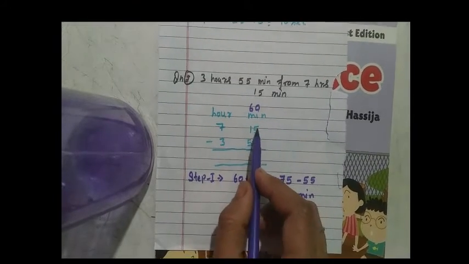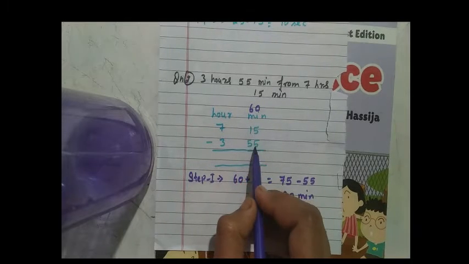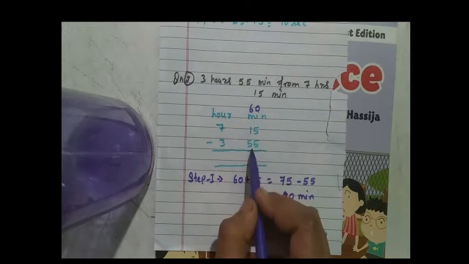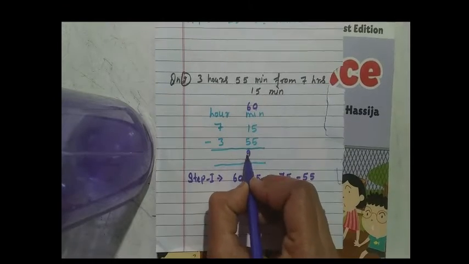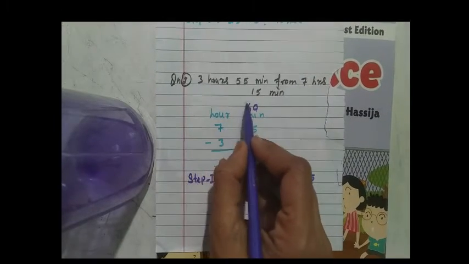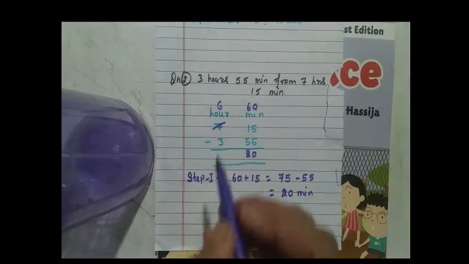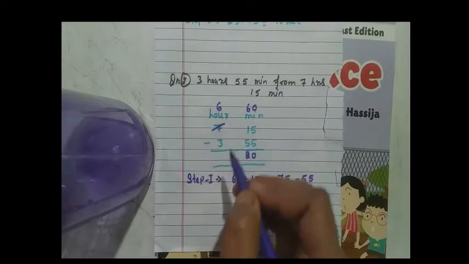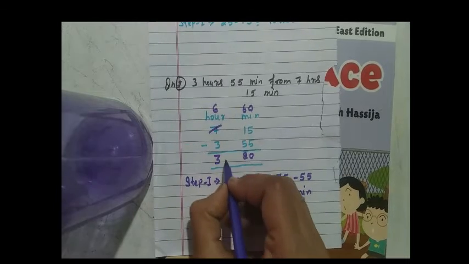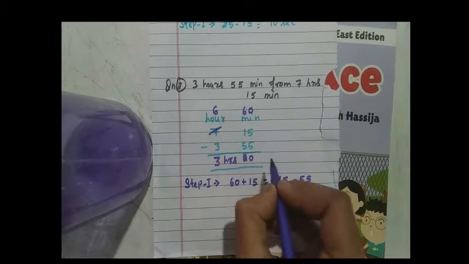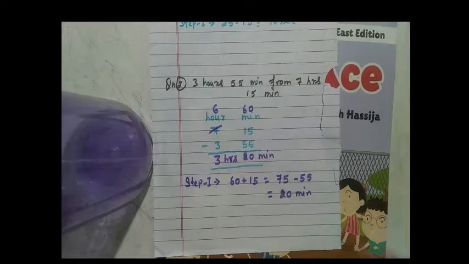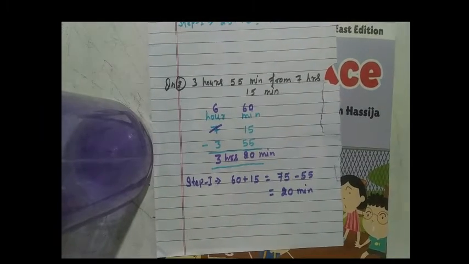And see, after giving the borrow, the 7 will become 6. Now 6 minus 3 is 3, and the answer is 3 hours 20 minutes. I hope it is clear for everyone.